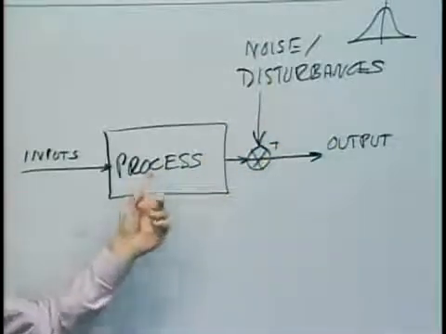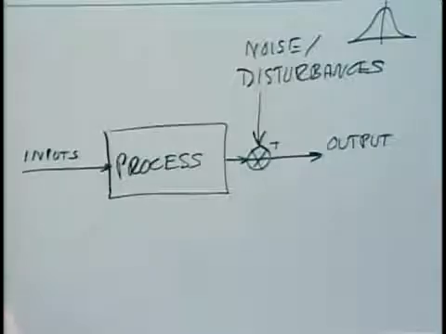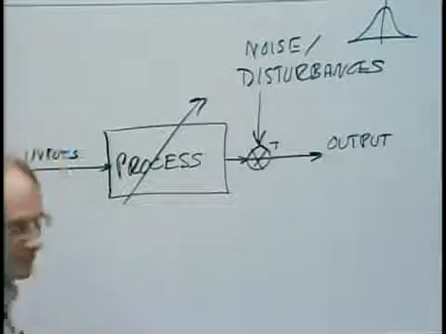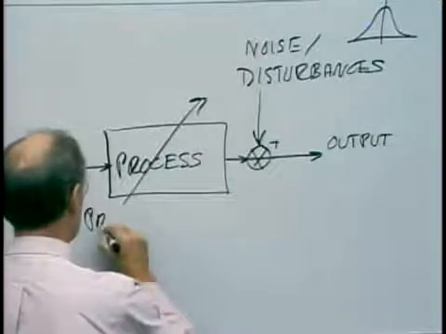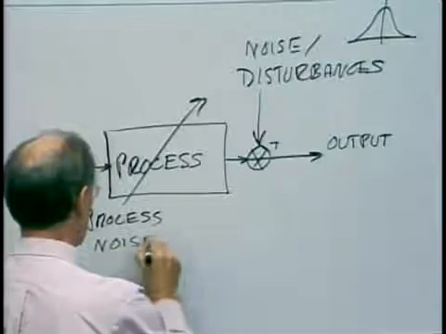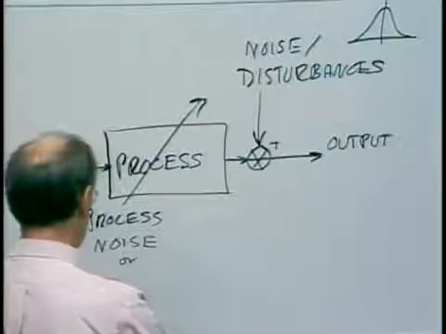Now, this turns out to be a bit of an artifice, right? Because what we all know is what's really causing most of the changes that we see is a change in the process. So we have things like a process noise or disturbance.